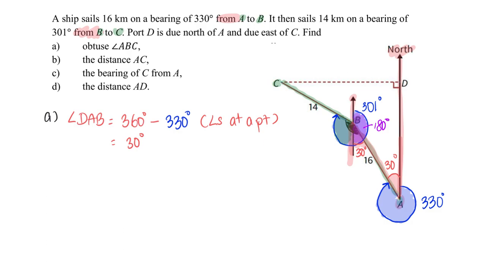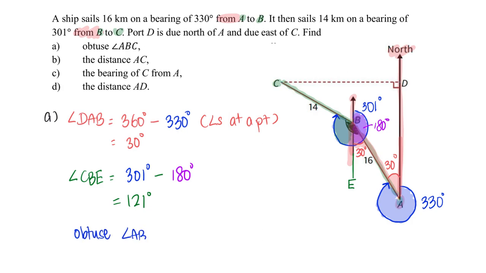I'm going to name this point here E. So angle CBE is 301 degrees minus 180 degrees, which is 121 degrees. And so here I would then be able to get my obtuse angle ABC easily, which is simply 121 degrees plus my 30 degrees.